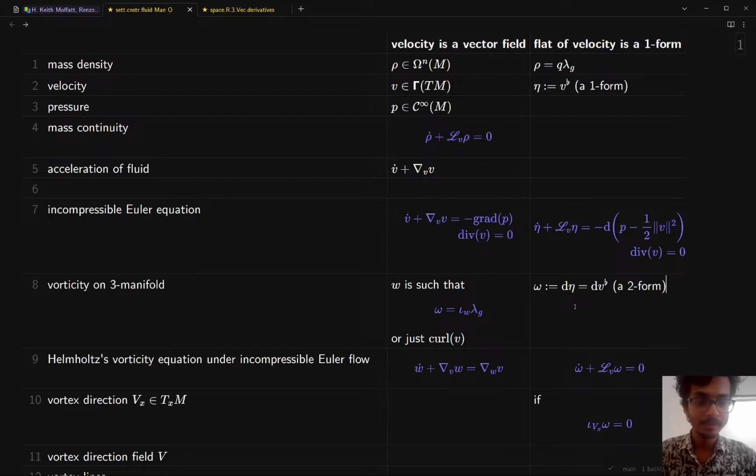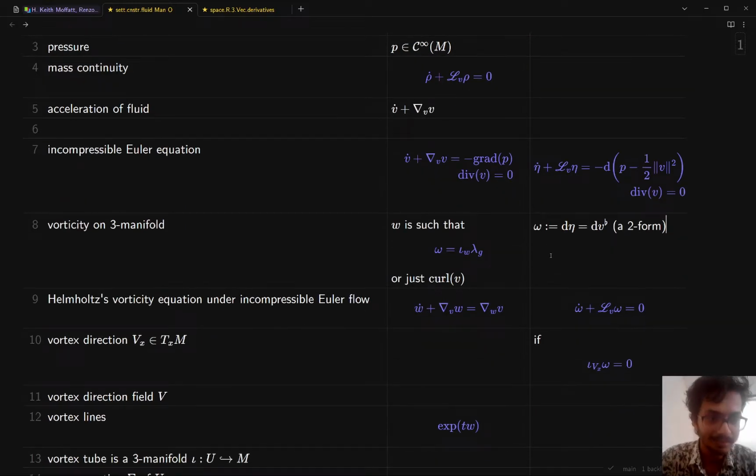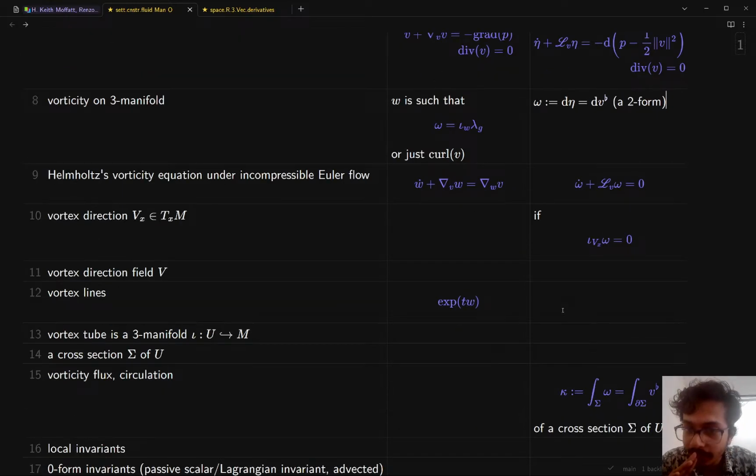They are related by this: if I take the volume form and contract it with the vorticity vector field, I get the vorticity 2-form. Yeah, it's a mess. Anyway, these two satisfy equations of this form, which are weird looking.